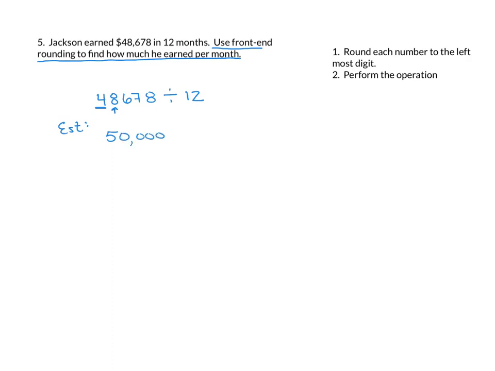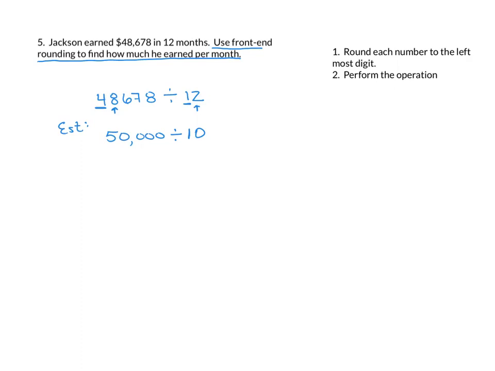50,000. We also want to do the same thing to the second number. Second number is 12. I'm going to round this down. 2 is smaller than 5, and so we're going to leave the 1 the same and replace all the other ones with zeros.